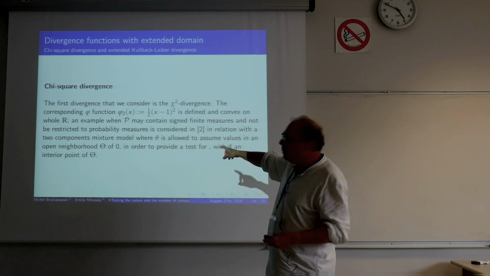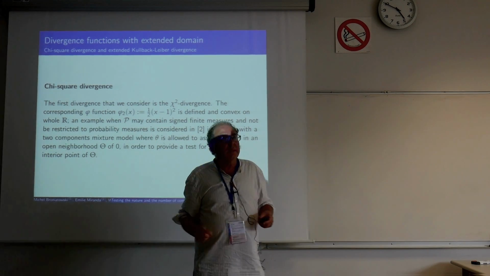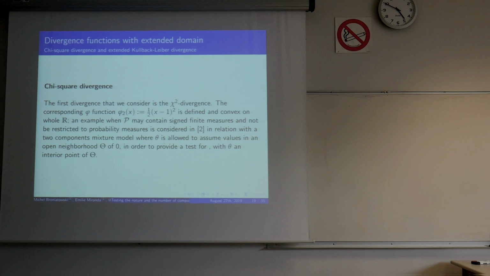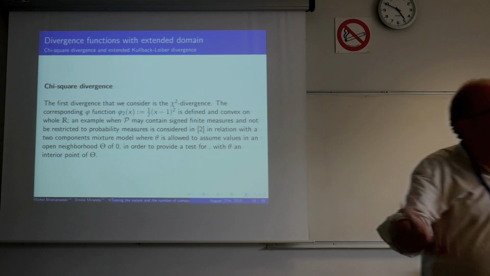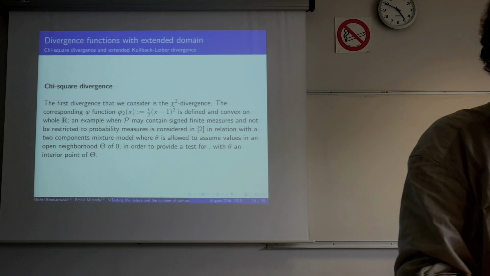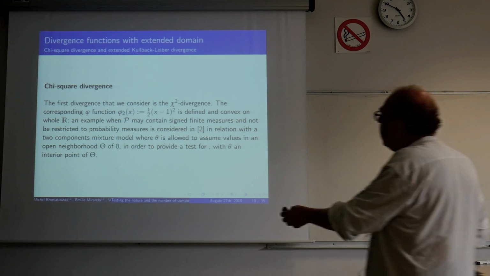Chi-square divergence, so this can be extended on all R. And so this is a candidate for the choice of the divergence in order to assess the number of components. You cannot do that with Kullback-Leibler, strictly speaking, or with Hellinger, for the reason that the divergence is not defined properly at the border point.